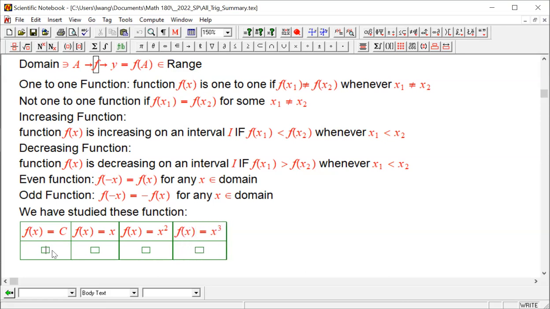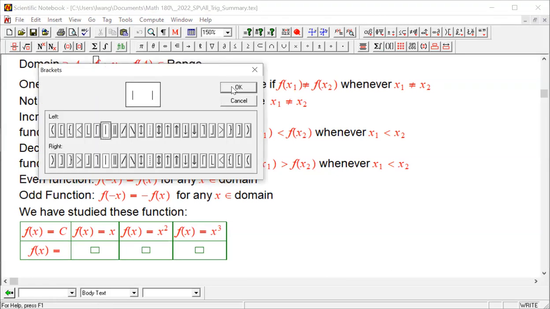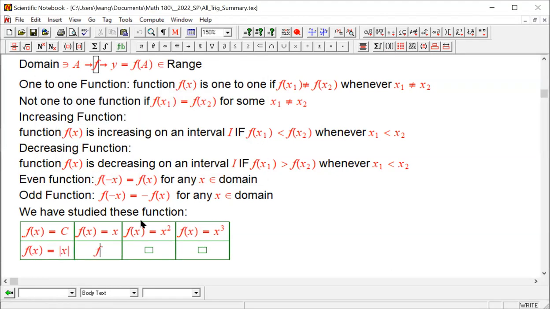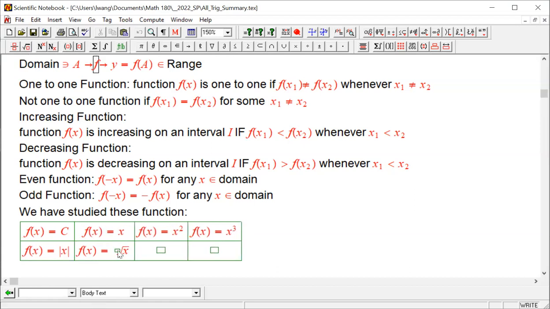We studied those functions. And f of x equals the absolute value of x. And we also studied f of x equals the square root of x. We studied the domain and range.